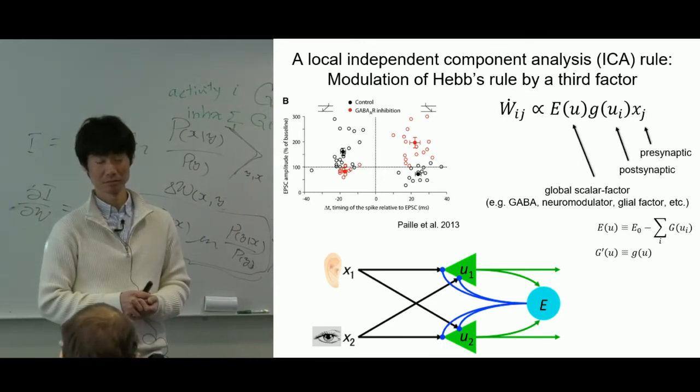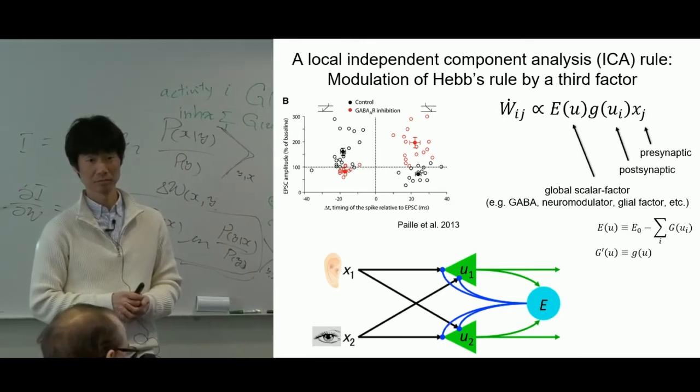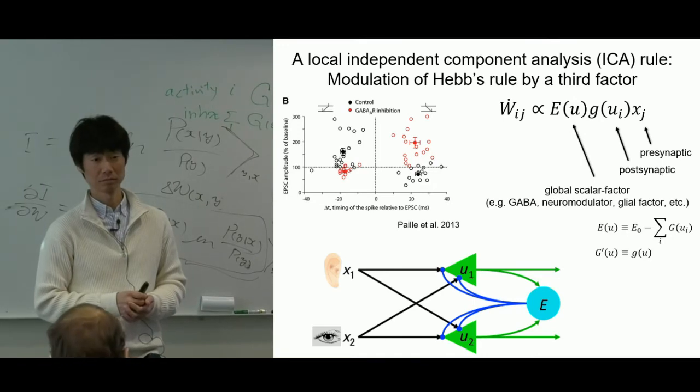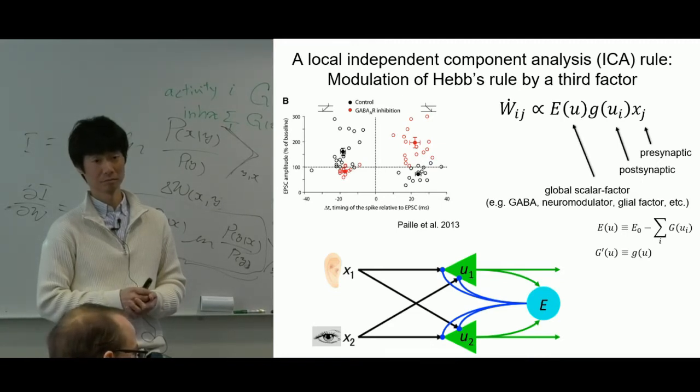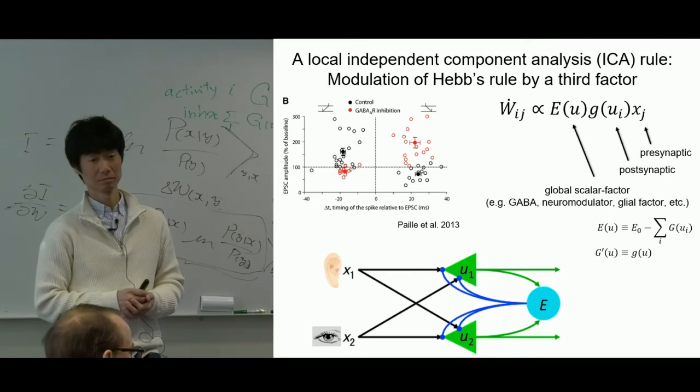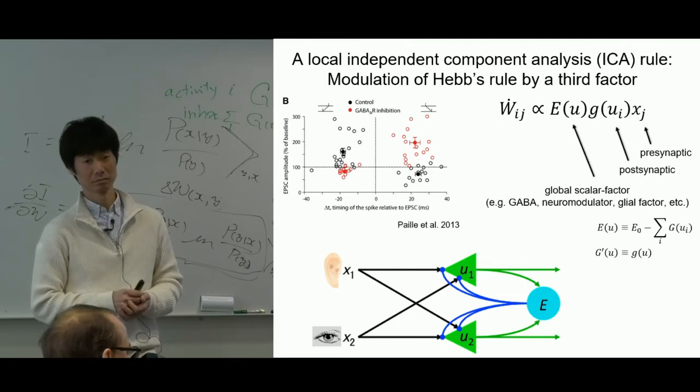So this is a comment. There is this work where they applied PCA on place cells, and they don't get grid cells. But if they apply PCA with a threshold at positive values, then they get grid cells.